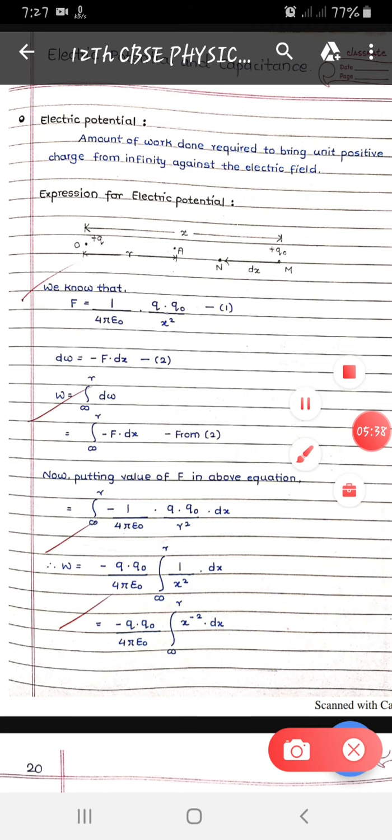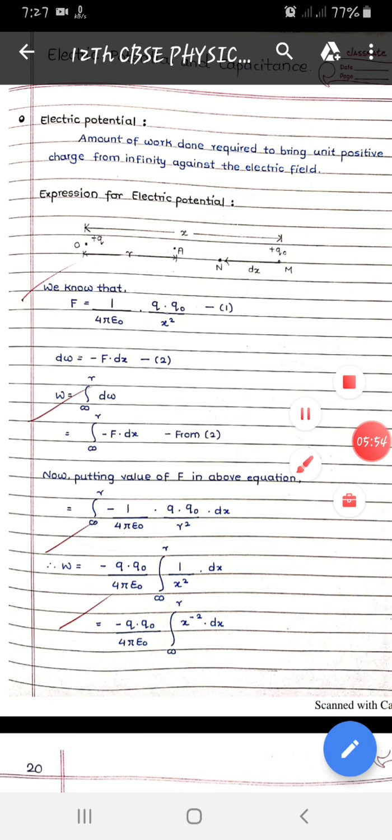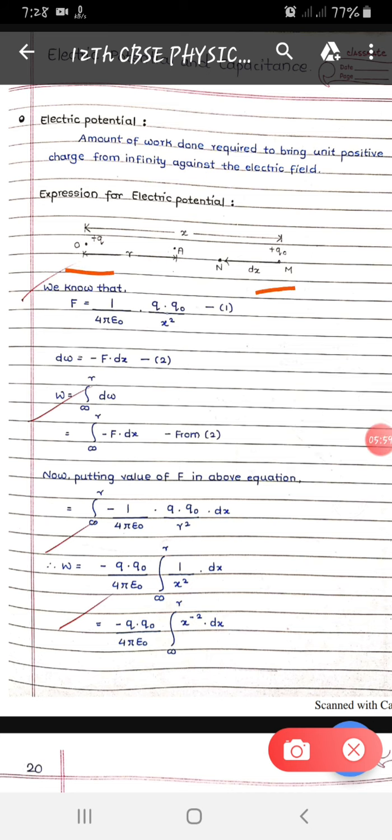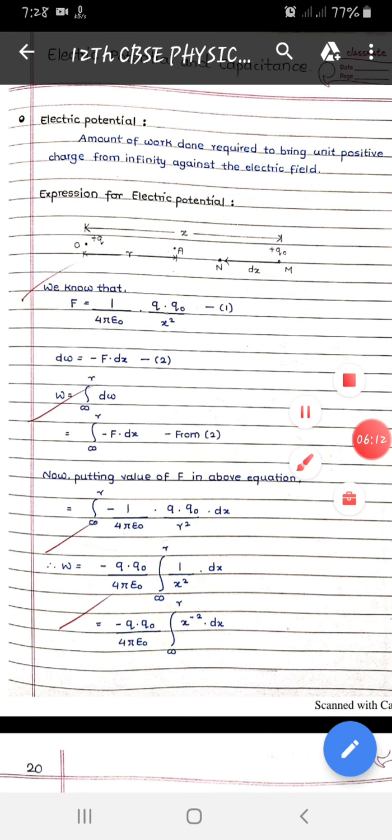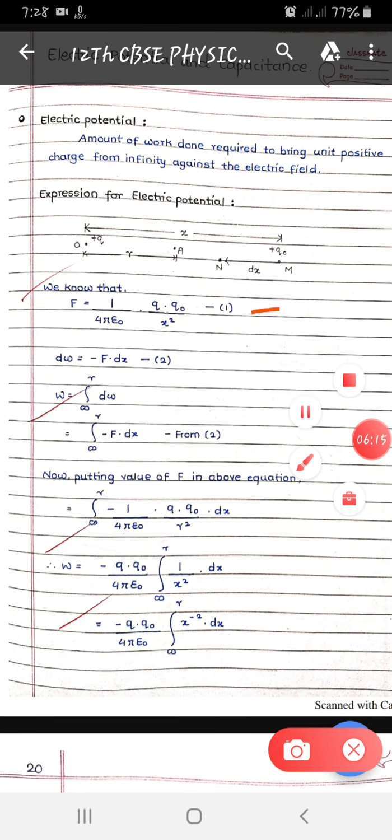Consider point O which carries plus Q charge, point A at distance r from the point O, and point M at distance x from the point O. So we know the electrostatic force of attraction between this plus Q charge and plus Q0 charge, according to Coulomb's law of electrostatics, is nothing but 1 upon 4 pi epsilon naught, Q Q0 upon distance square, that is x square. This is equation number 1.